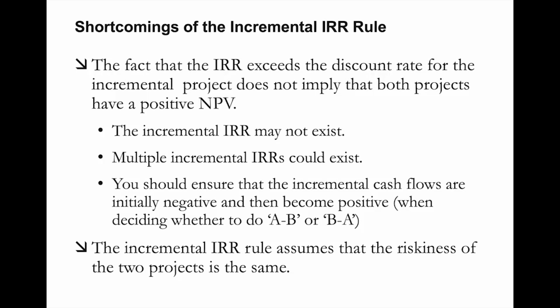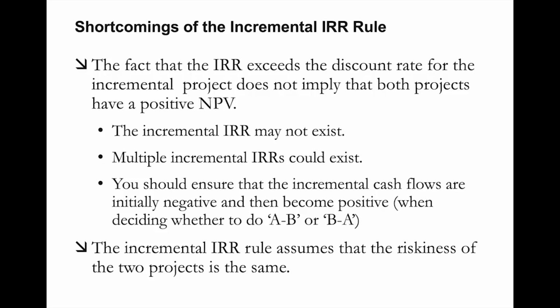So the fact that the internal rate of return exceeds the discount rate for the incremental project does not imply that both projects have a positive NPV. So this is a shortcoming of the incremental IRR rule. So the incremental IRR might also not exist.